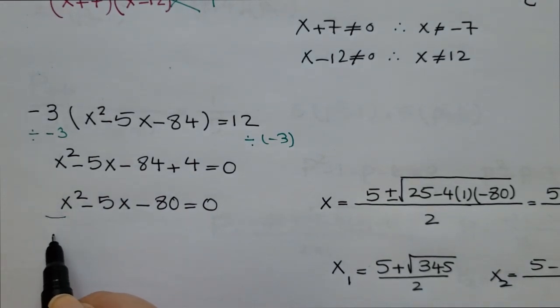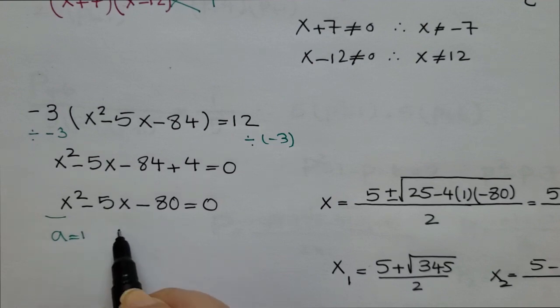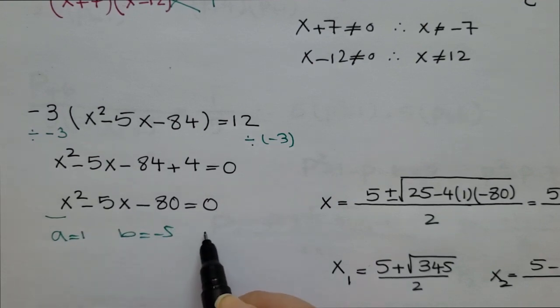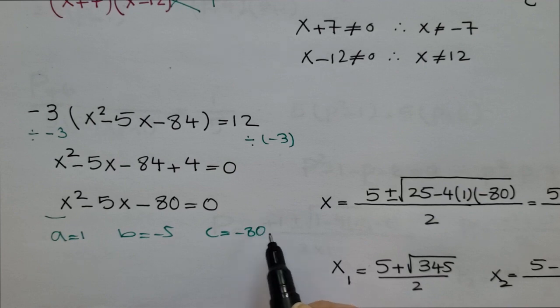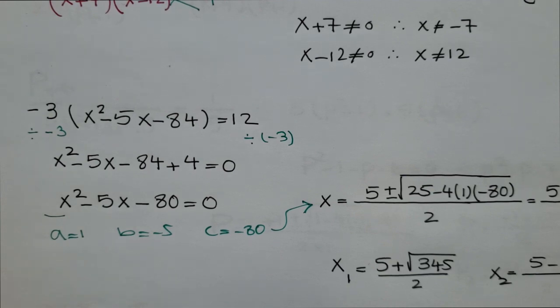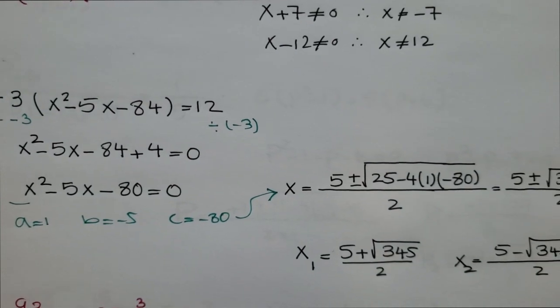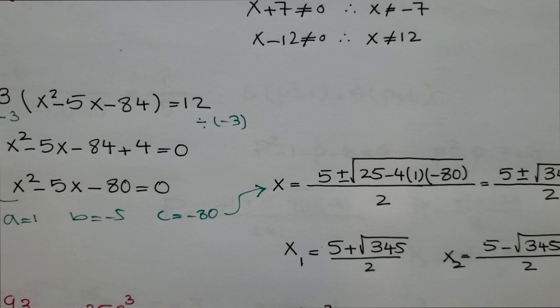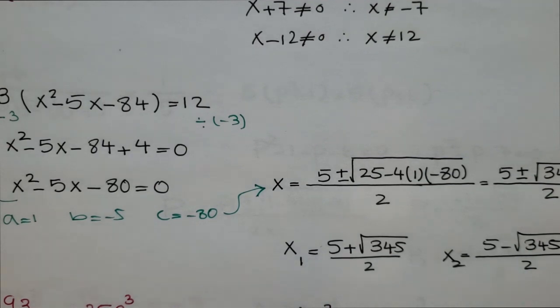Here the a would be 1, the b would be negative 5, the c would be negative 80, and then you simply substitute it in the quadratic formula to get the values. And after finding the roots, you have to make sure that they are not equal to the NPV values. Otherwise, we cannot accept them as an answer.